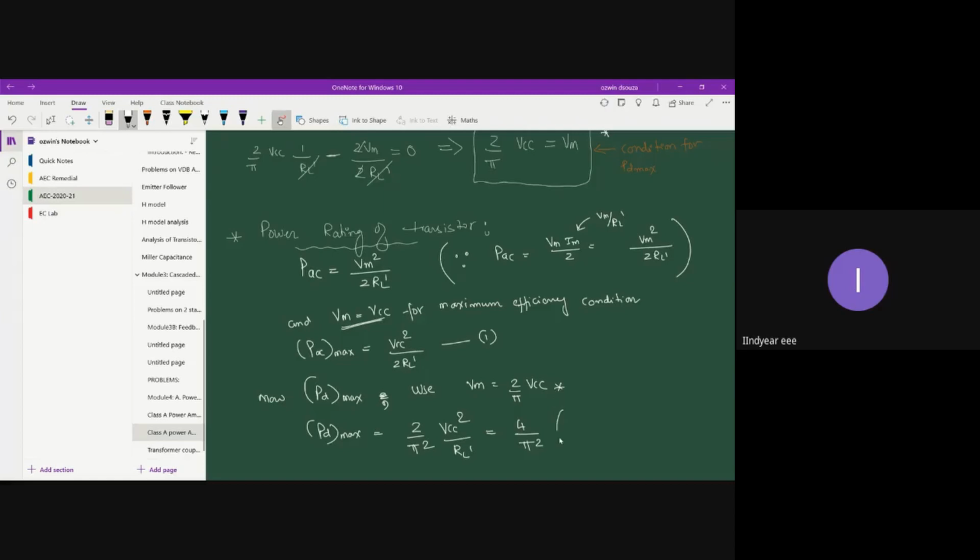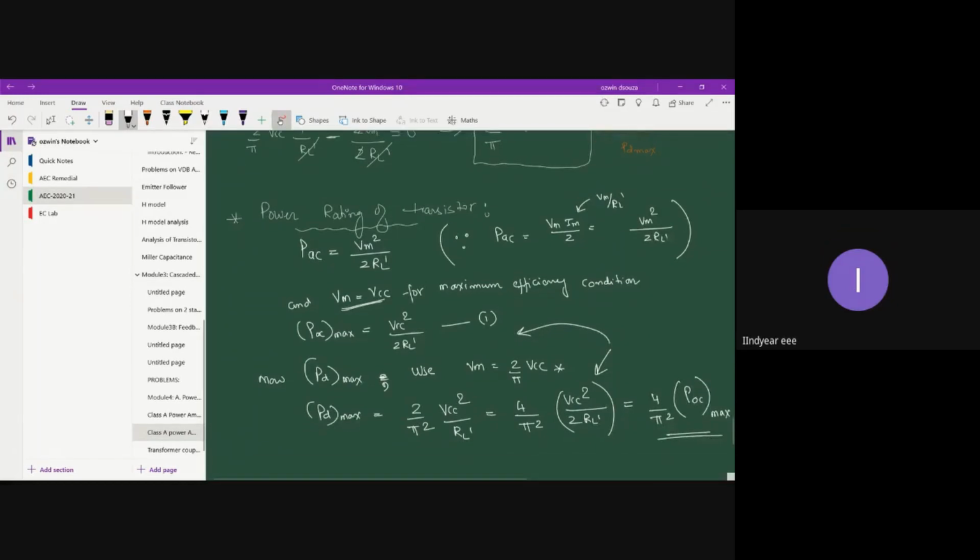So 2 goes 2 times in 4, so basically you will get the same expression, RL dash. Now by modifying this expression, this second term, VCC square by 2RL dash, is basically equation 1. So that is 4 by pi square into PAC maximum. So that's the expression for maximum power dissipation.